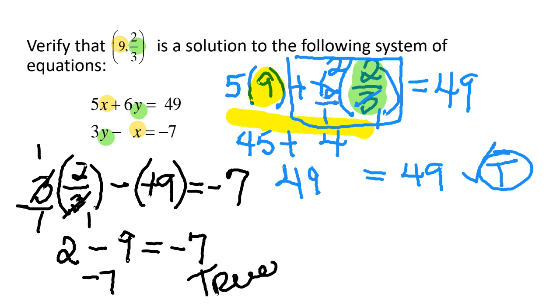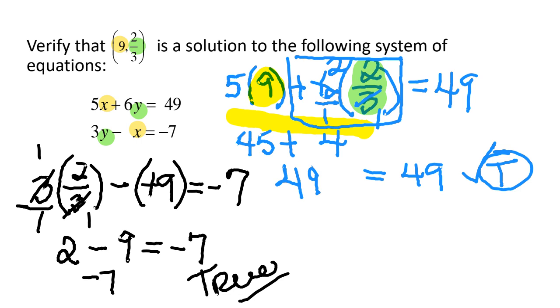Okay. Now, to have the ordered pair as a solution, it must make both equations true. If one equation is false, then it is not a solution of the system.